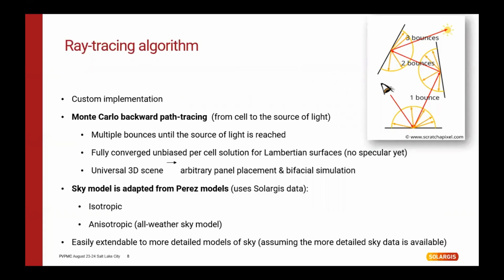For this ray tracing, we decided to implement a Monte Carlo backward path tracing model. It is based on the principle that we cast rays from the PV cell in various directions, and we look for where, after several bounces, the ray reaches the source of the light.